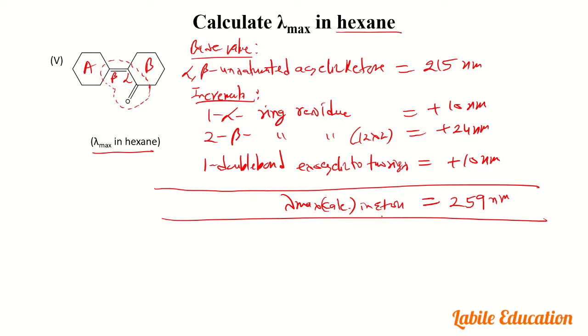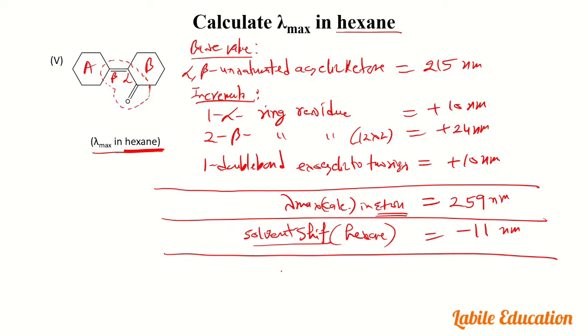This is in ethanol, you can see here, but we are asked to calculate in hexane. So here we will add the solvent shift. Solvent shift for hexane will be minus 11.